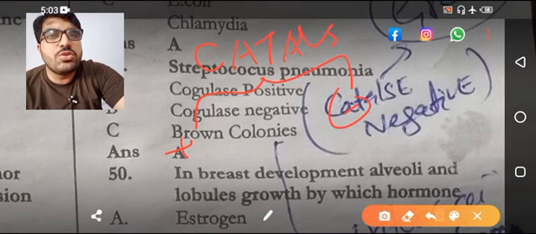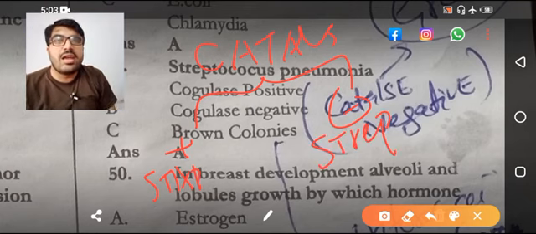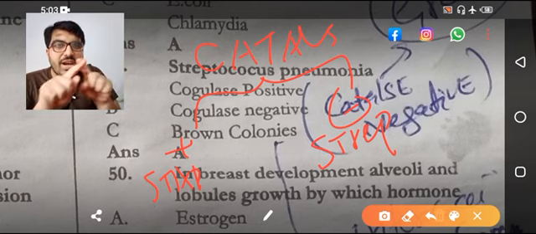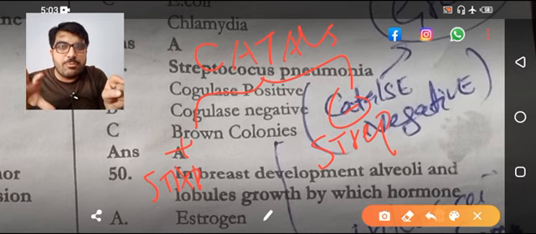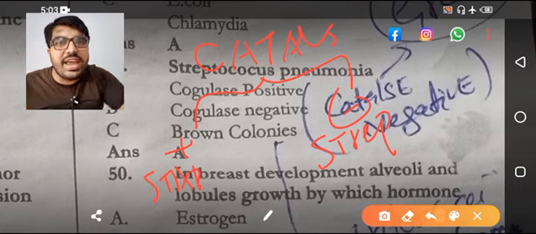The catalase positive includes Staph aureus, the staphylococci. The catalase negative includes the streptococci. I am giving a short overview so that you don't miss any MCQ in the future. So catalase positive means staphylococci and catalase negative means streptococci. So we get the MCQ over here, that is catalase negative. Streptococcus pneumonia is catalase negative.